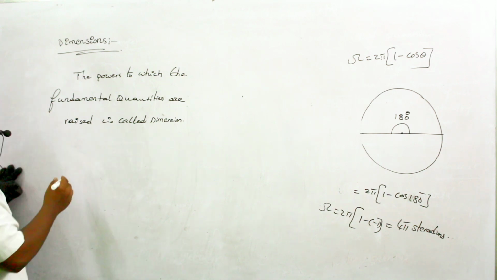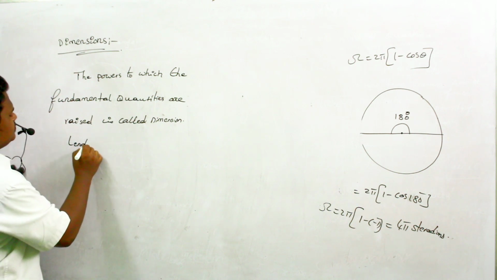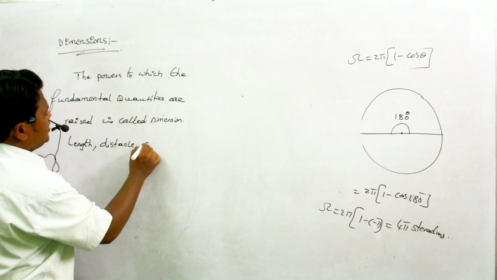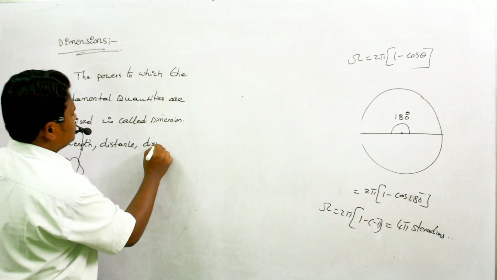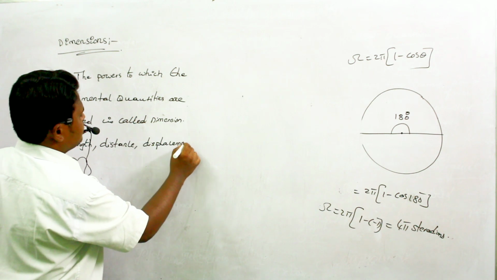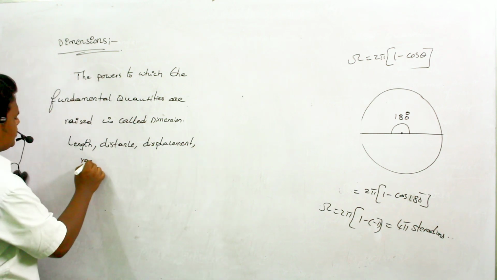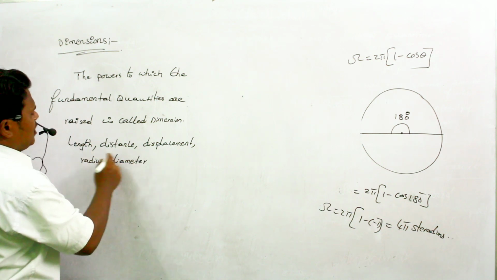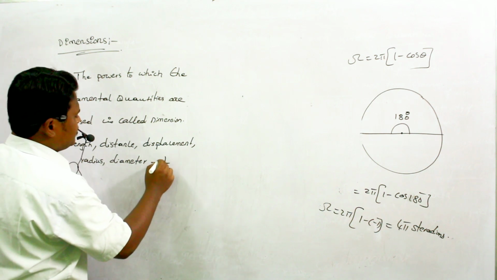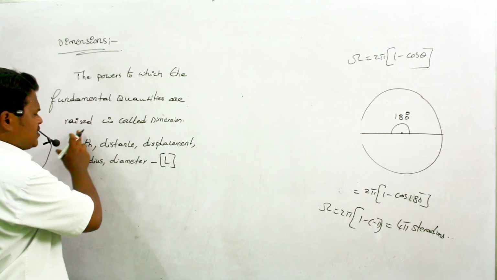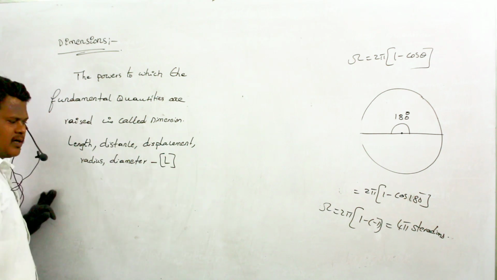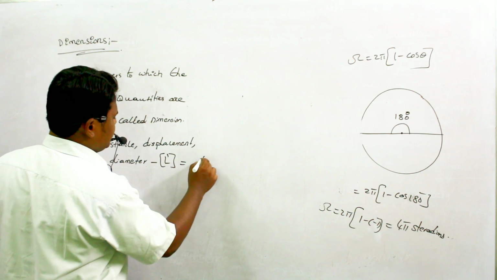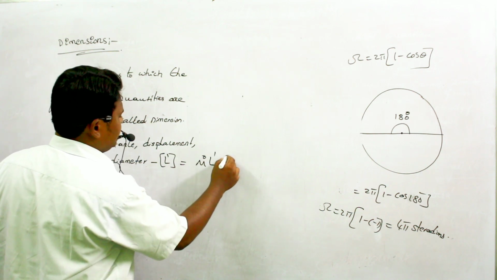For example, if we take length, distance, displacement, radius, diameter, all of them have the dimension of length only. So all these physical quantities have dimension L, or we can call it L power 1. Therefore the dimension of this can be written as M naught L power 1 T naught.